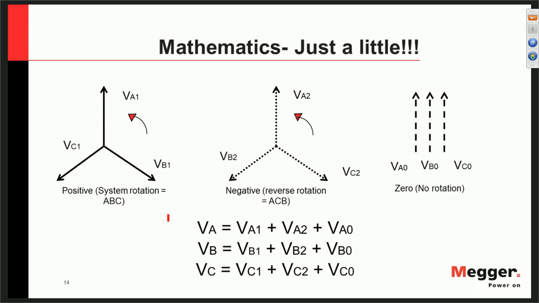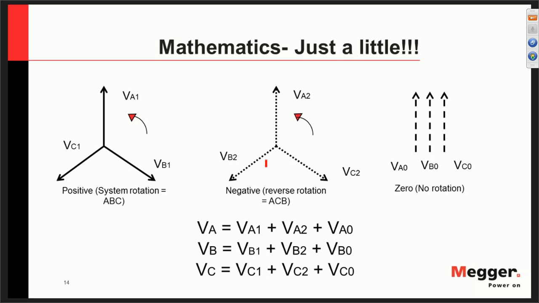Now let's talk about what exactly they are and their physical significance, where they will be present. The positive sequence is nothing but a vector which will be there for a balanced system. I'm assuming my system rotation to be ABC, which means my positive sequence vector would be exactly like my system vector.